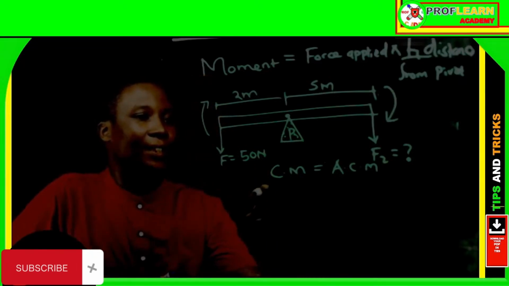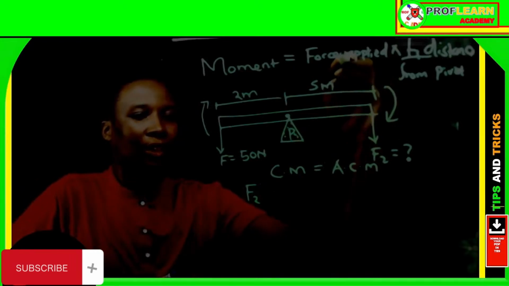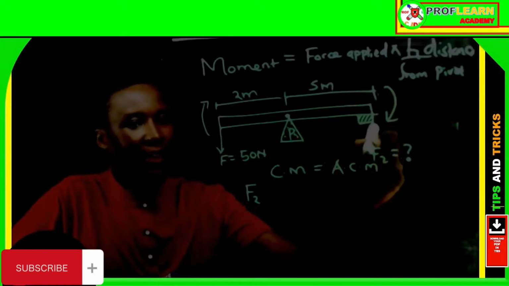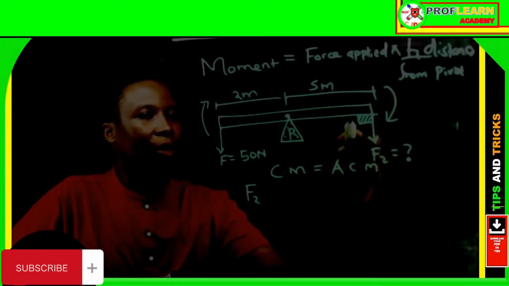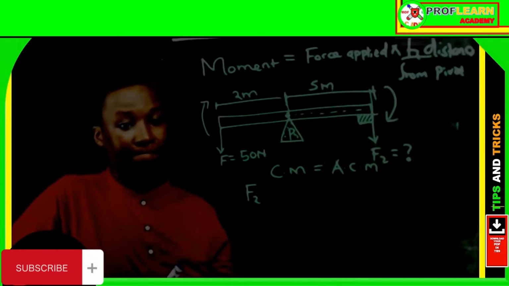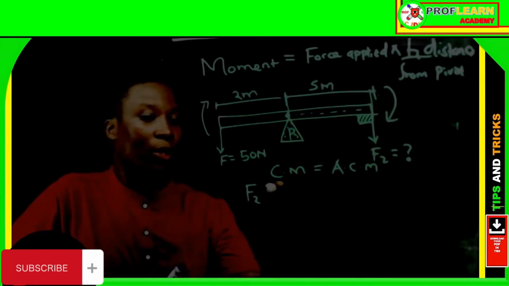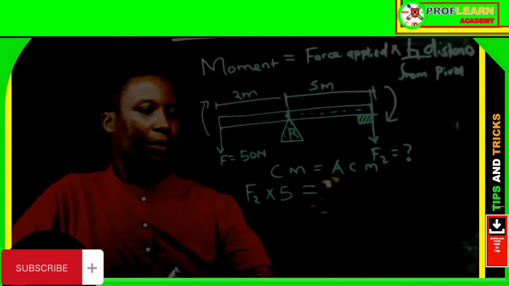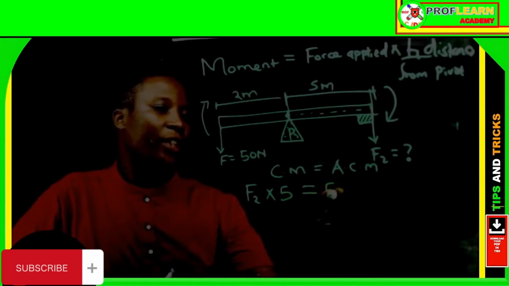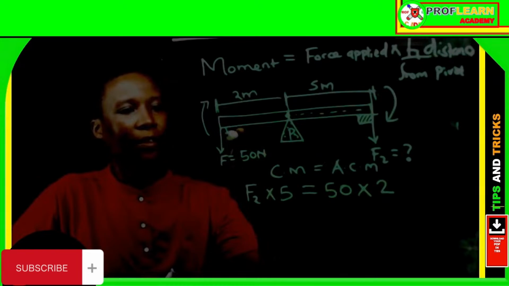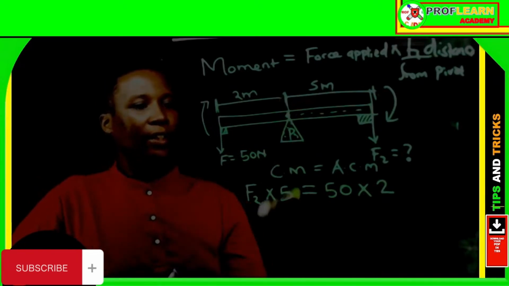Our clockwise moment in this case is going to be F2, because a moment is force times perpendicular distance, and you can see this is 90 degrees, so the force is acting at a right angle with the line of action from the pivot. This is the pivot here, so the distance we're going to use is 5 meters. So it will be F2 times 5 meters should be equal to the force of 50 Newton times 2 meters, because the distance from where the force is acting to where the pivot is here is 2 meters.